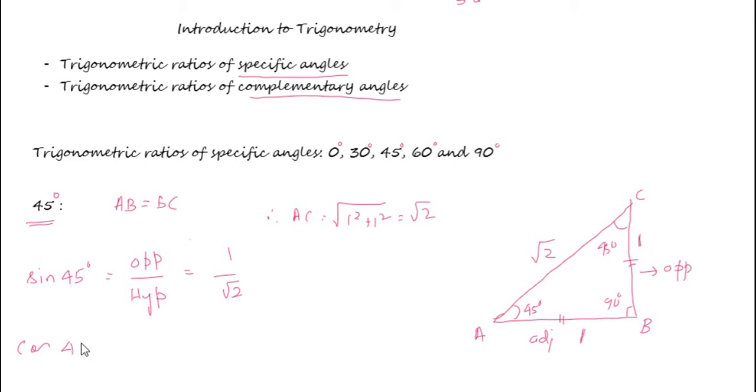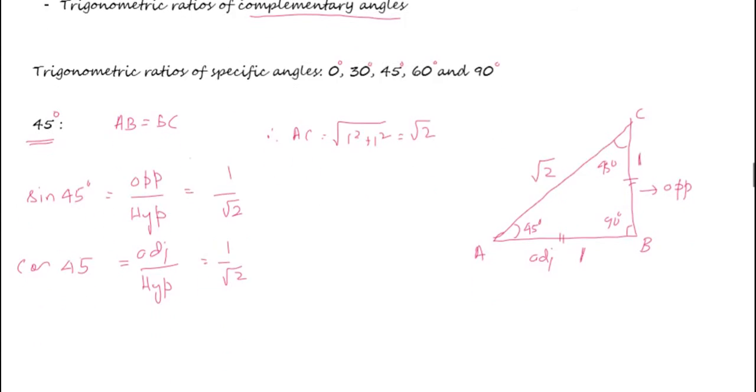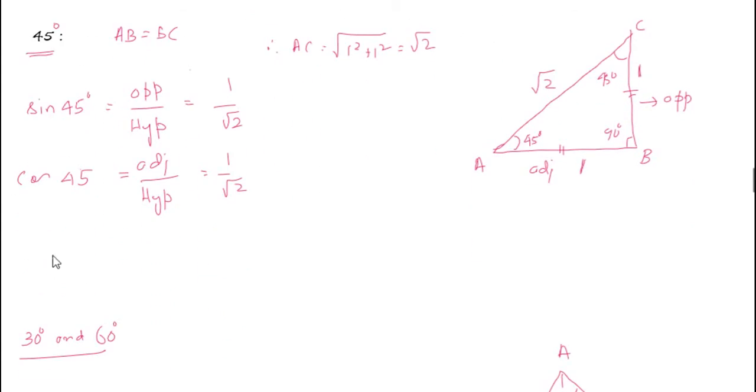Cos 45 is adjacent side divided by hypotenuse. This is also 1 by root 2. Now tan 45 degree, that is opposite side by adjacent side. Both these are 1 each, so 1 divided by 1 equal to 1.